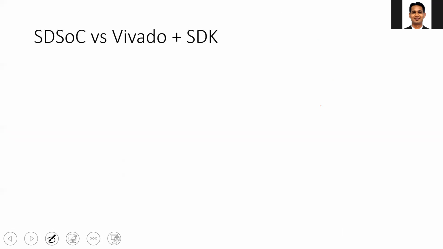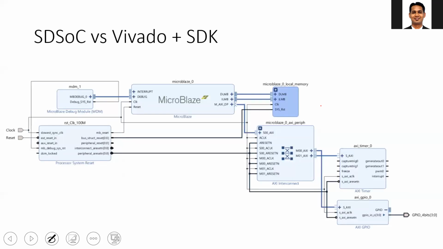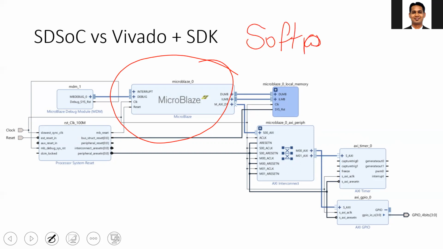So to overcome this problem, what we are doing, we are replacing the ARM processor with the microblaze processor. As we have discussed in our lecture, this microblaze processor is a soft processor. Soft processor means it is implemented using the resources inside the FPGA, like the lookup table and so on.